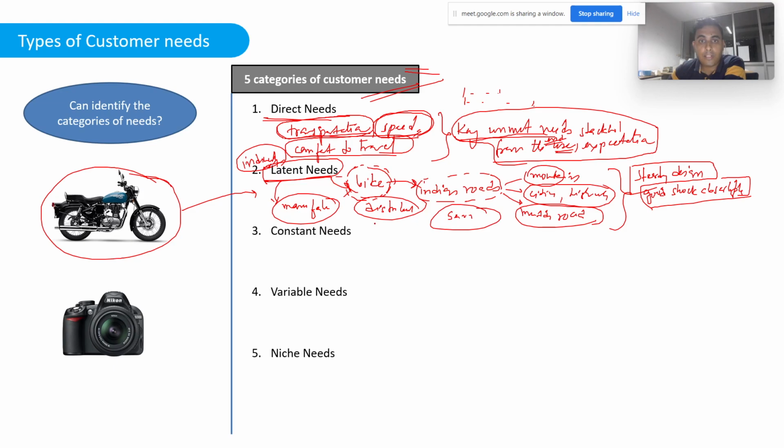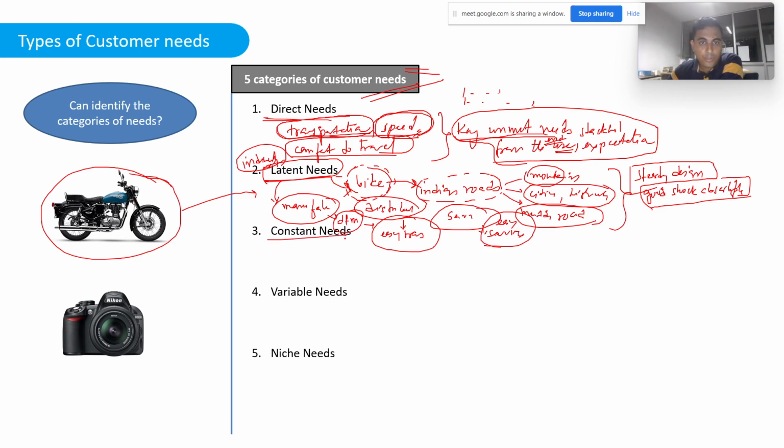For distributors, it should be easy to transport, and for the service guys, easy to service. These sorts of requirements are latent needs. For the manufacturer, that means design for manufacturing. These sorts of needs come under latent needs.